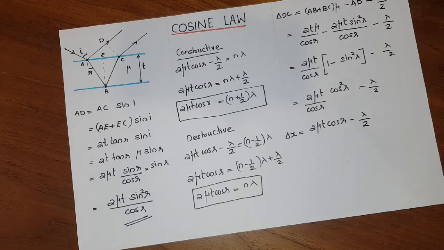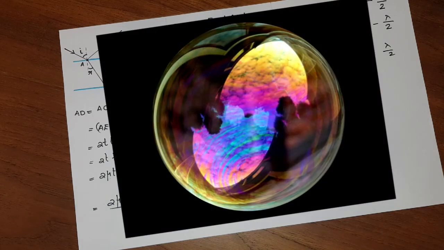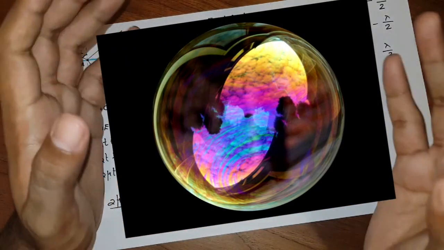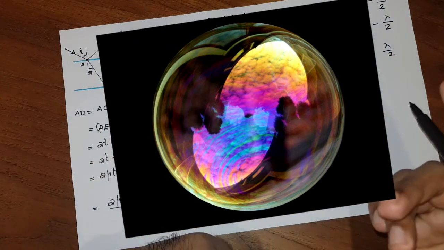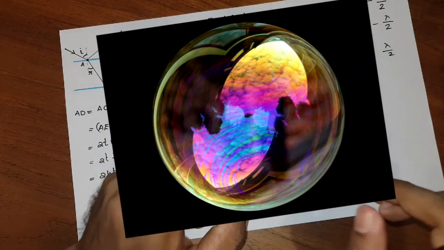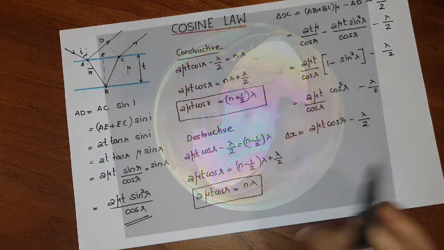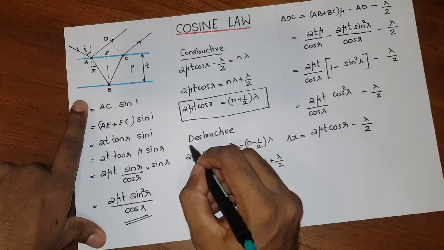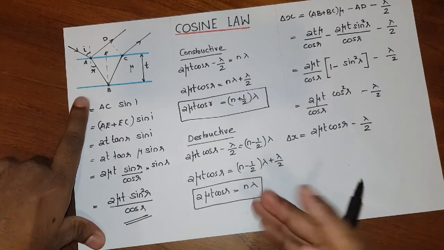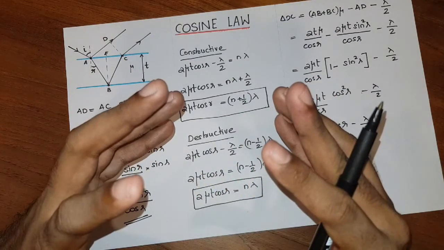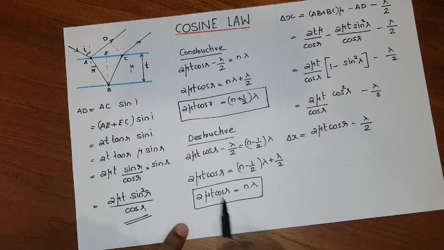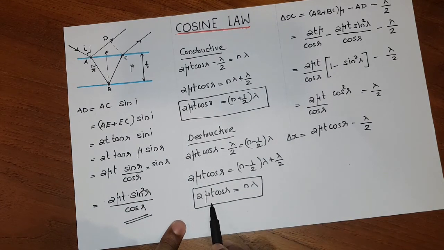For example, if you place a soap bubble in visible light or white light, you can see several colors on the soap bubble. And why might that be happening? You are not seeing white light, but instead you are seeing distinct colors. For example, let's consider the case of destructive interference. At some parts of the soap bubble, for a particular value of lambda, this condition might be true.